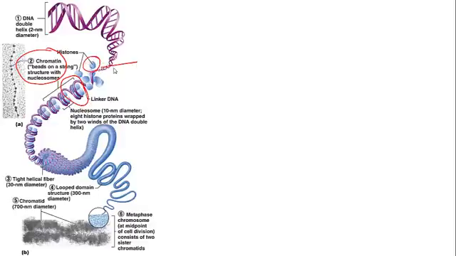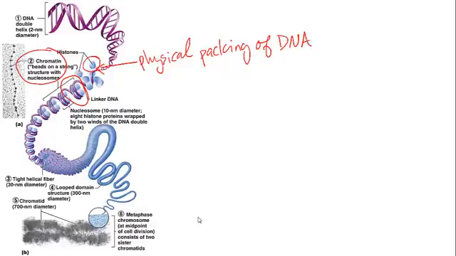A histone is a protein, and it allows for the physical organization or the physical packing of these long threads of DNA, because otherwise the DNA would be very disorganized and all tangled up within the nucleus. So these histones are very, very important.